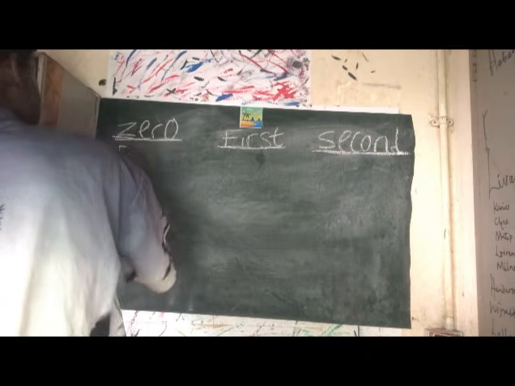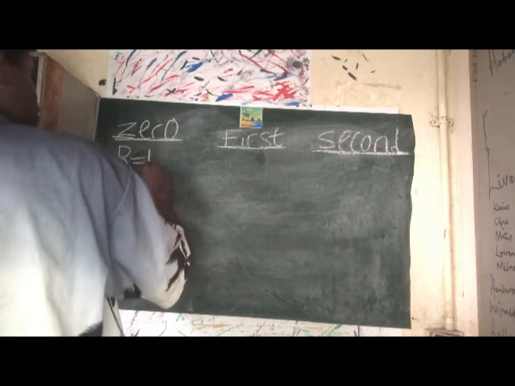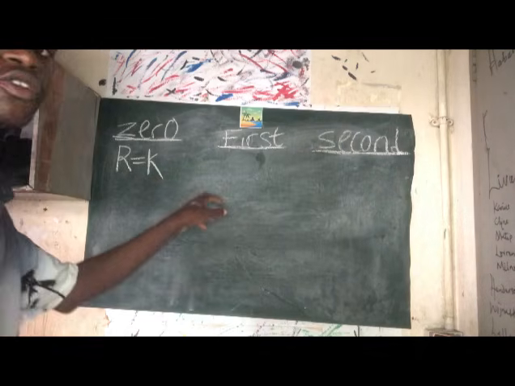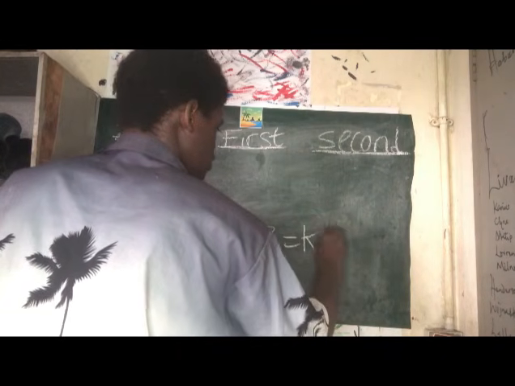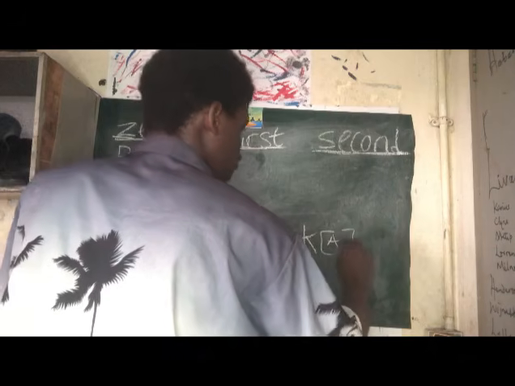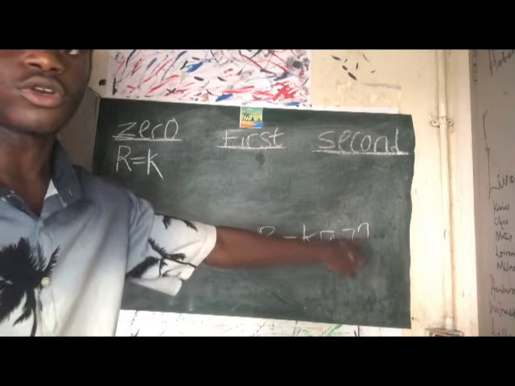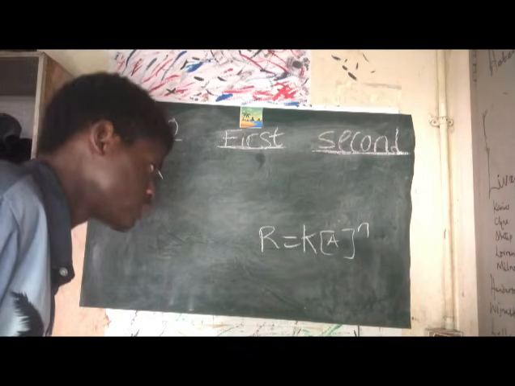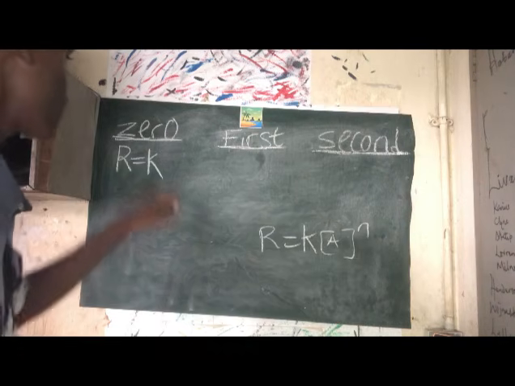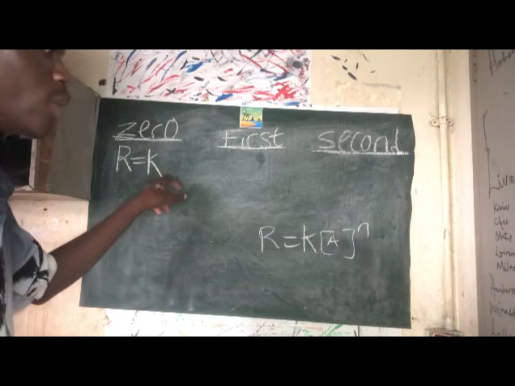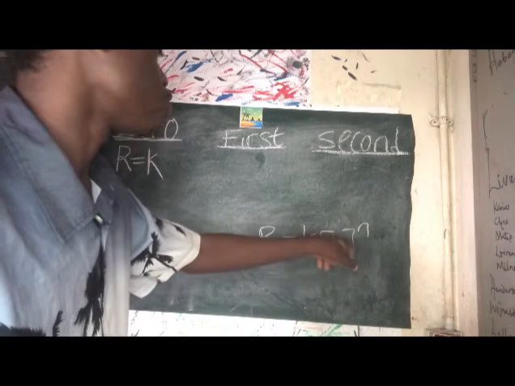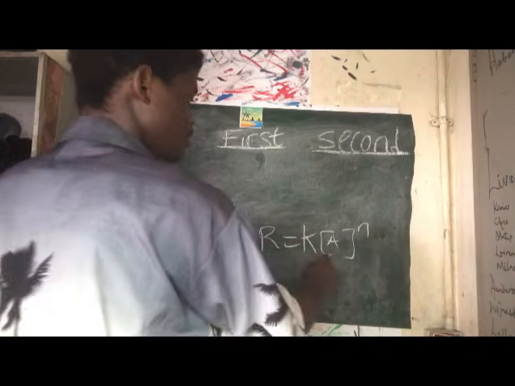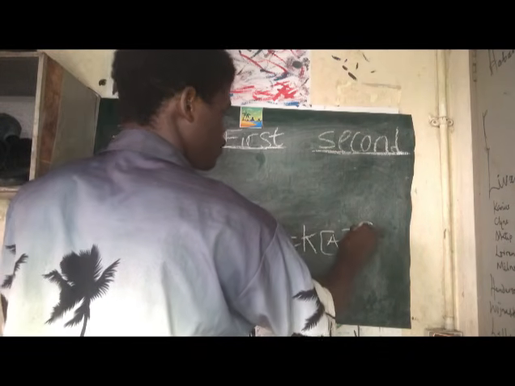In zero order, the rate of reaction is from the rate law. You know the rate law is R is equal to K, then the concentration raised to power the order. So we are going to be making use of this one. So here, our zeroth order is going to be R is equal to K times A, but our order of reaction is 0.